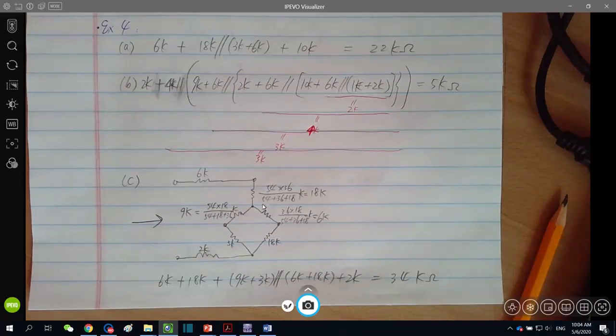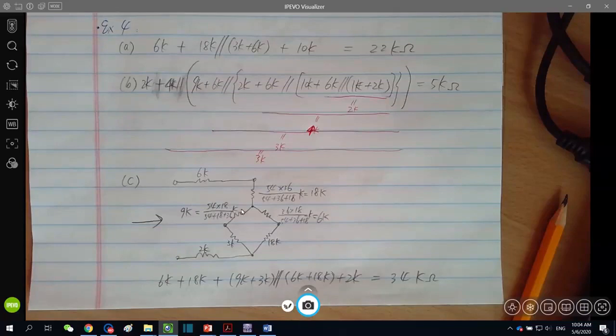And to circuit C, I'm converting the upper delta to Y following the conversion equation provided in the previous slide. So after that, I end up with 3 resistors here. So from here, you can see clear series connection between this one and this one.